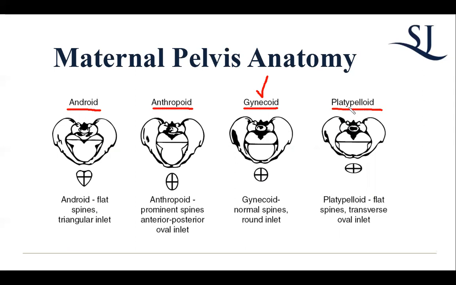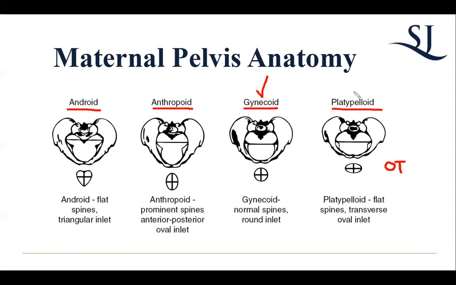Your platypelloid is like a flattened, truncated pelvis. You're more likely to have an occiput transverse presentation with these pelvises. They sometimes like to ask which racial groups will have this pelvis, even though now I feel like people are so sensitive, they probably won't.